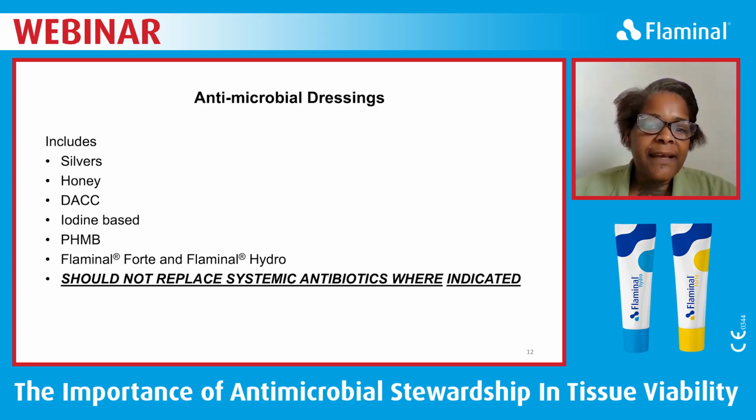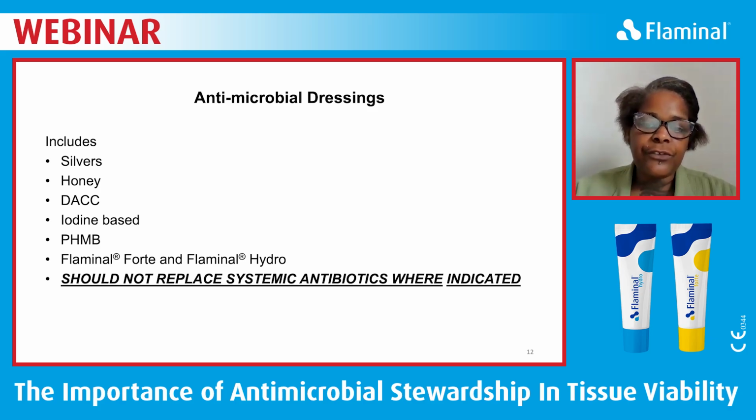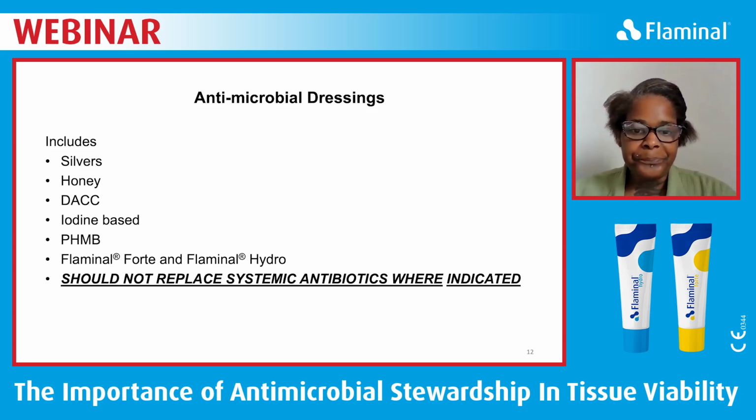However, it needs to be highlighted that they should not be a replacement for systemic treatment where indicated. So if your patient is showing signs of systemic infection, antimicrobial dressings should not be utilized on their own. The patient should be treated for systemic infection.